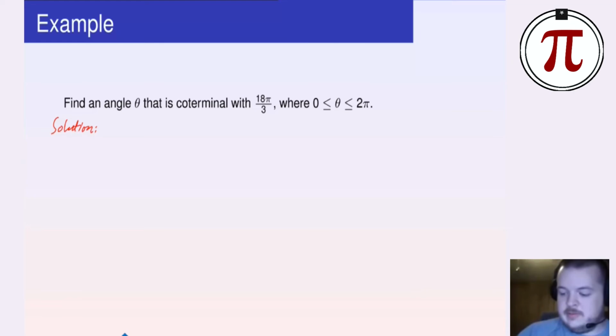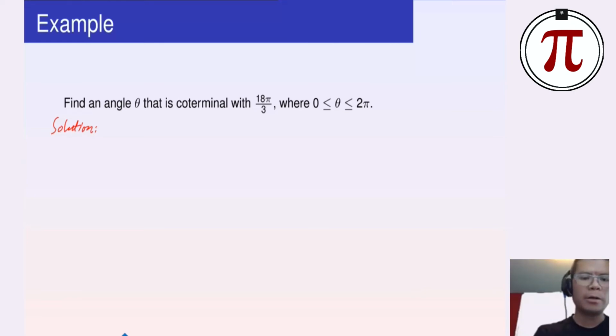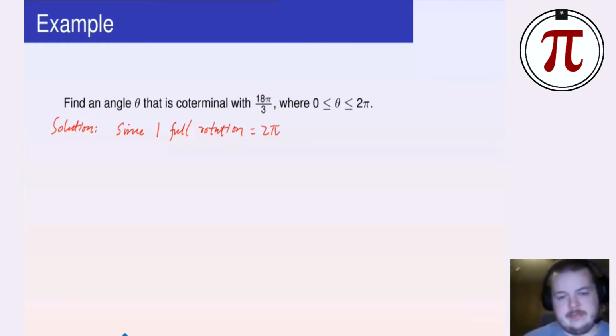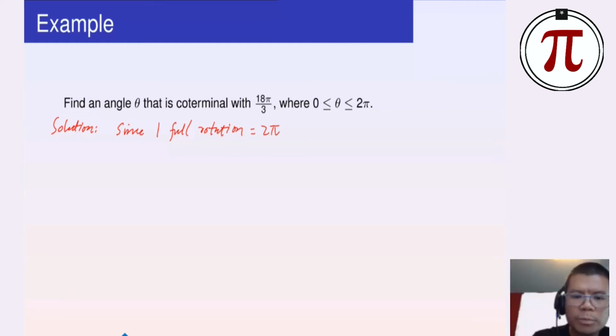Since one full rotation equals 2 pi, 18 pi over 3 is just 6 pi.